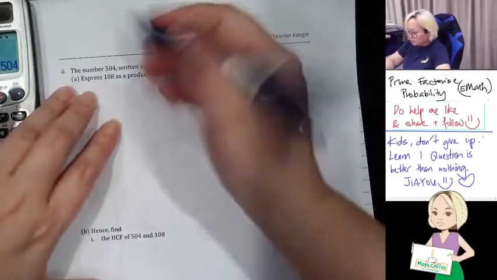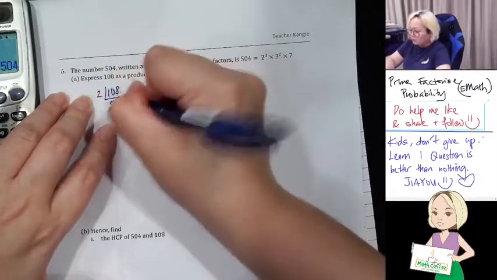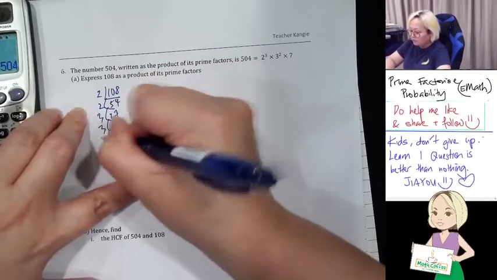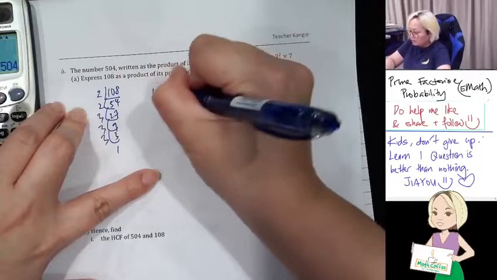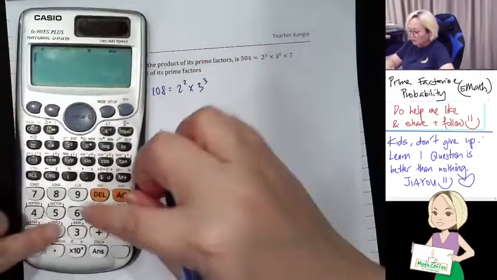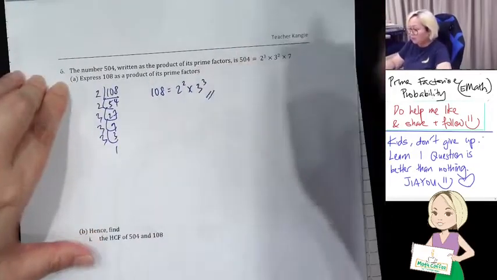Now I'm going to do the ladder for 108. Divide by 2, 54, divide by 2, 27, divide by 3, 9, divide by 3, 3, divide by 3, 1. So my 108 is 2 to the power of 2 times 3 to the power of 3. 27 times 4, yes, 108. So this is for part A, very straightforward.